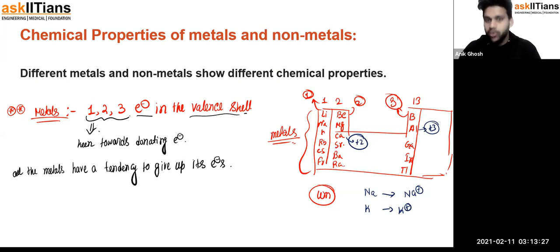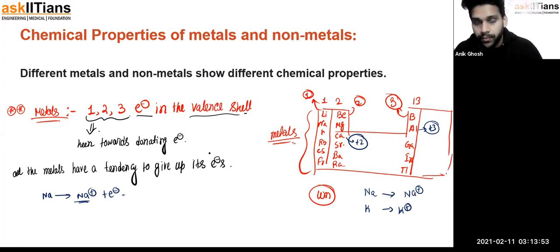Why is this happening? Because they are the ones losing the electrons. That's why they have a tendency to lose the electrons. Clear? So this is about the metals.